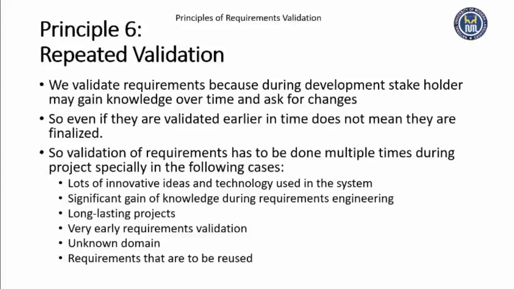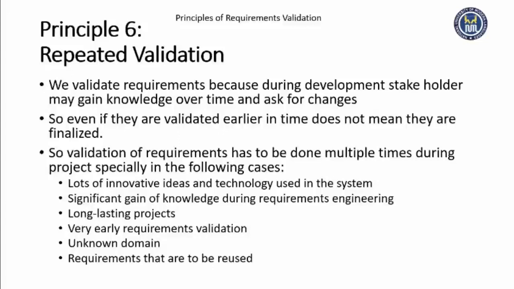So validation of requirements has to be done multiple times during projects, especially in the following cases: where there are a lot of innovative ideas and technology used in the system, where there is a significant gain of knowledge during requirements engineering, in long-lasting projects, when very early requirements validation is done, if the domain is unknown, and when requirements are to be reused, like if you have got the requirements from previous projects and you want to reuse them, so you validate them first before you implement them.